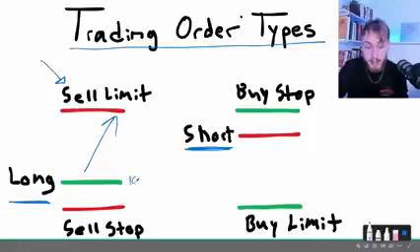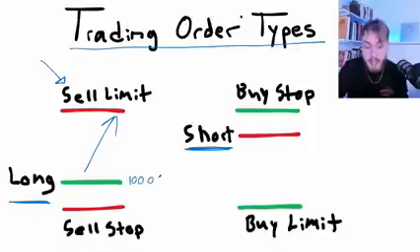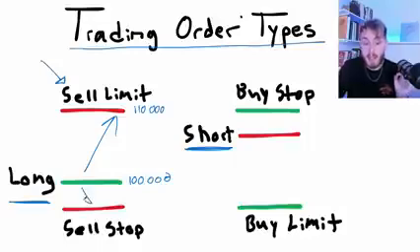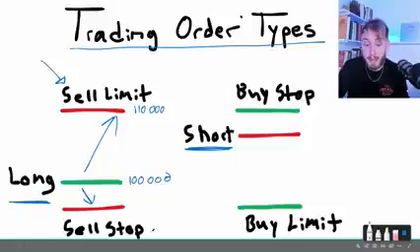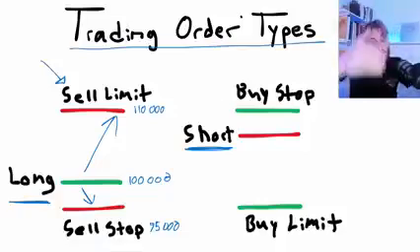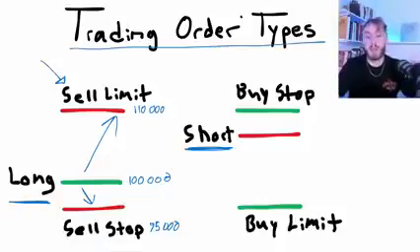Let's say that you place a market order and buy Bitcoin right now at 100,000. The sell limit is always at a better price. So maybe you set the sell limit at 110,000. And also remember that the sell stop, the stop order, is always at a worse price. So maybe you set your stop loss here at 95,000. So always have this in mind. The limit is better, the stop is worse.